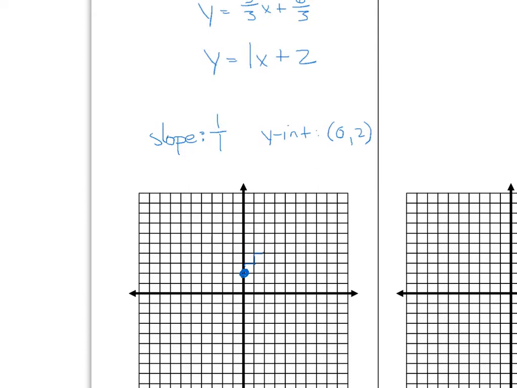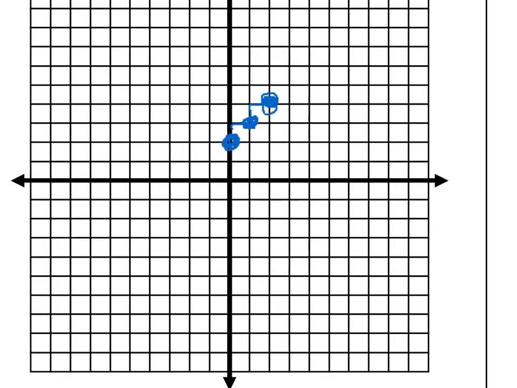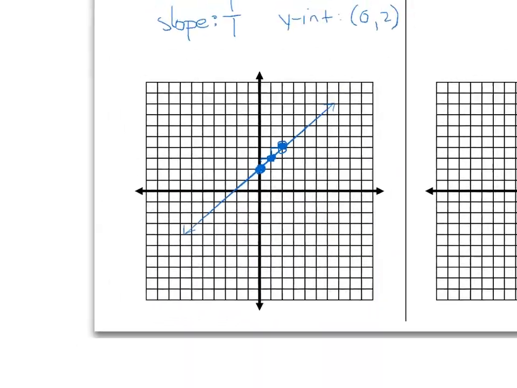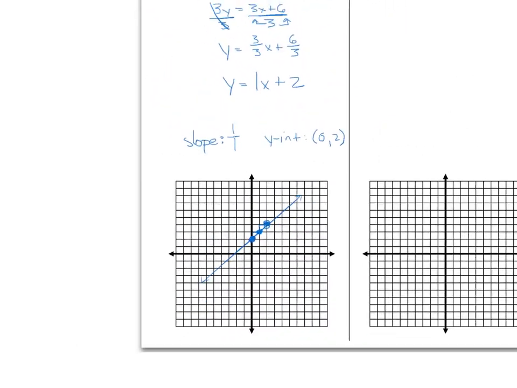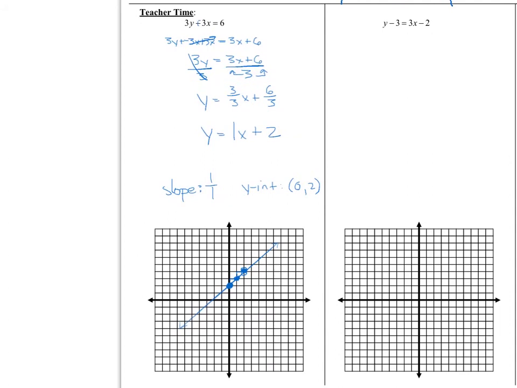Rise 1, run 1. That's 3 points. That's good enough to get a straight line. I'm going to go ahead and grab my trusty straight edge over here. Draw my line. Put my arrows on it to make sure that it is clear that this line goes on forever. There are an infinite number of solutions to this equation. And that's it.